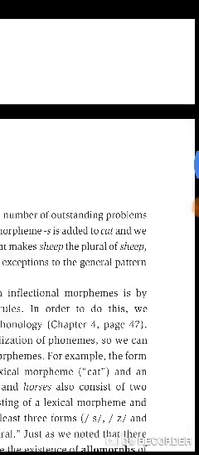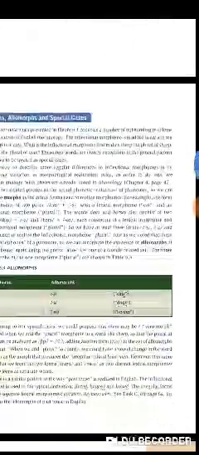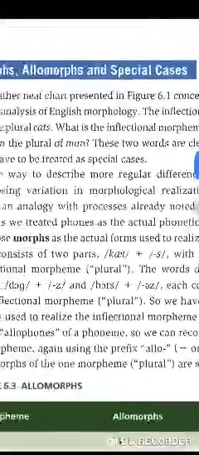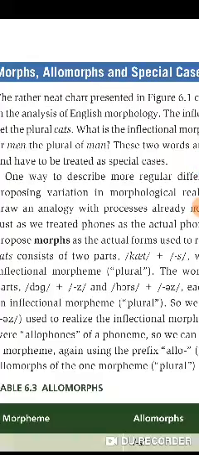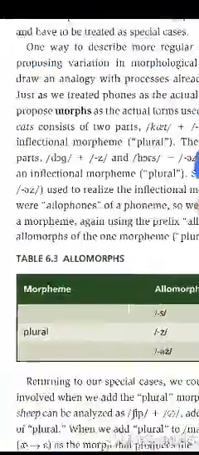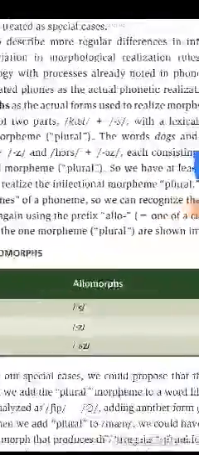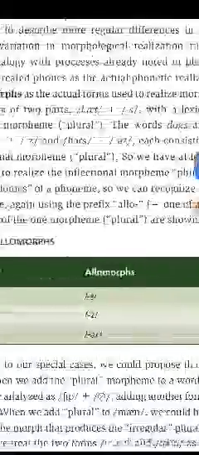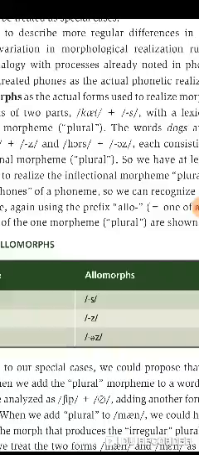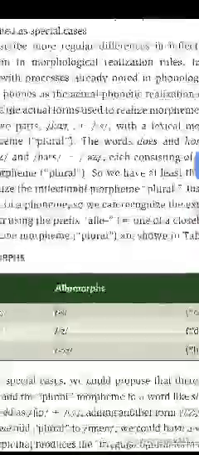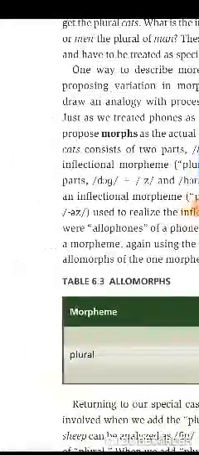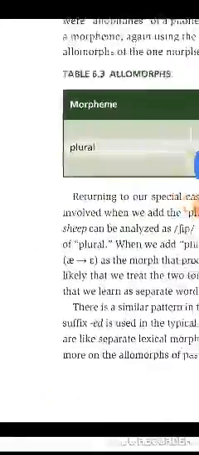There are some other examples that you are going to find by yourself. The next one is morphs, allomorphs, and morphemes. You remember the morpheme was something like plural, and it has got 3 morphs here. Because they are variant forms, we call them allomorphs. Allomorph means 1 variant form of these morphs. And to the right, we have the morphemes.